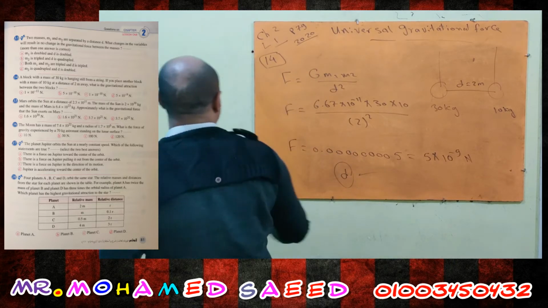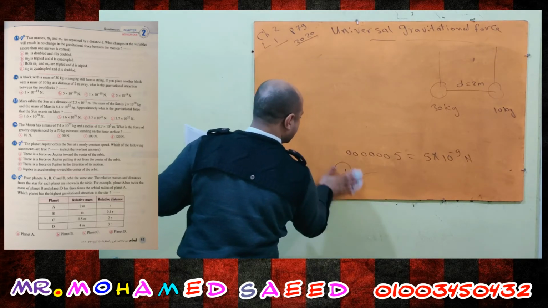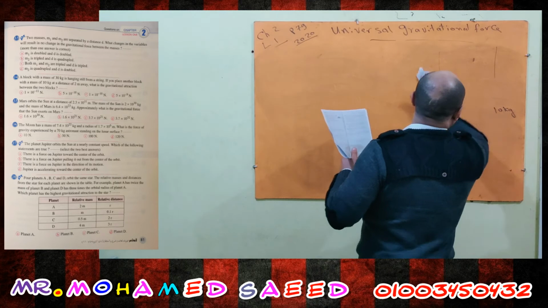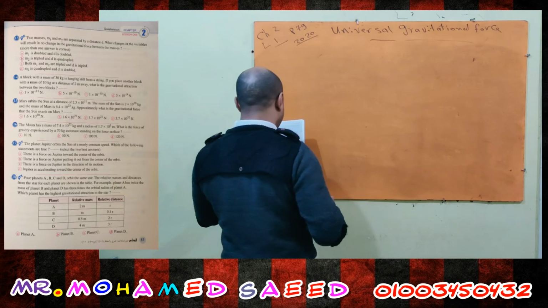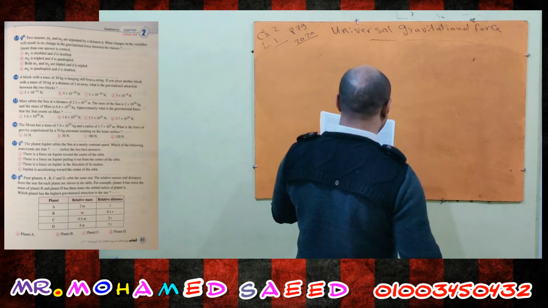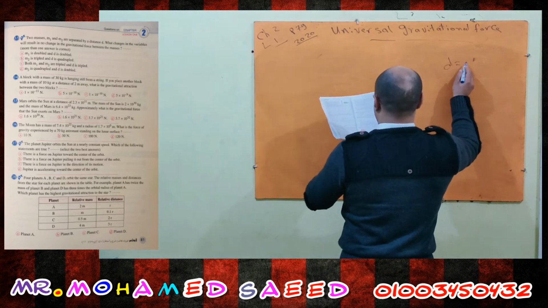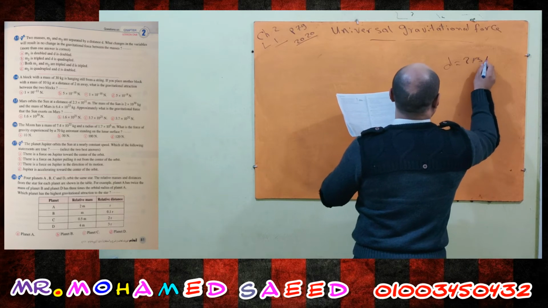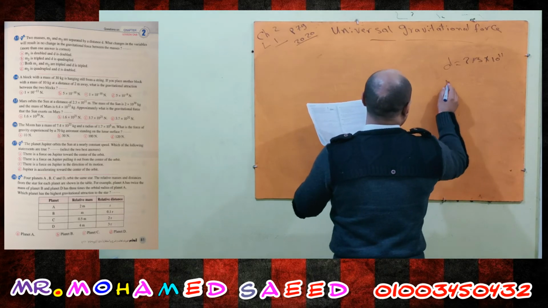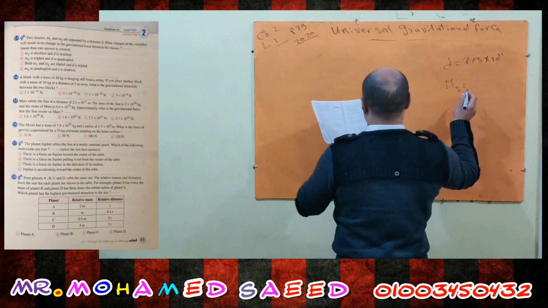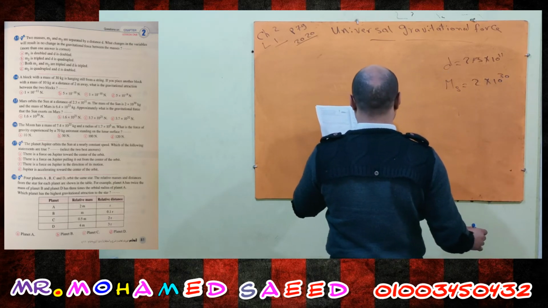Okay, the next question, question number 15. Mars orbits the Sun at distance of 2.3 times 10 to the power 11 meters. So D equals 2.3 times 10 to the power 11 meters. The mass of the Sun is 2 times 10 to the power 30 kilograms.